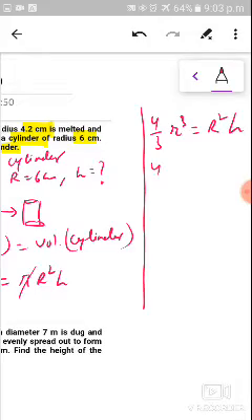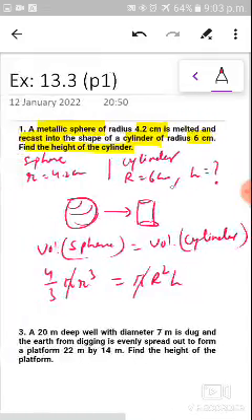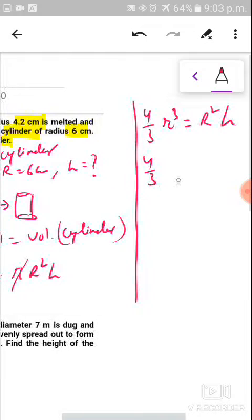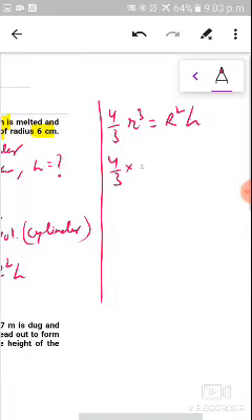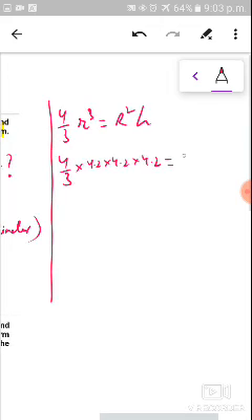So this is 4 by 3. Radius of the sphere is 4.2 centimeter, so multiply 4.2 times 4.2 times 4.2, equals radius of the cylinder, that is 6 centimeter, so 6 into 6 into h, and h we are going to find out, right?